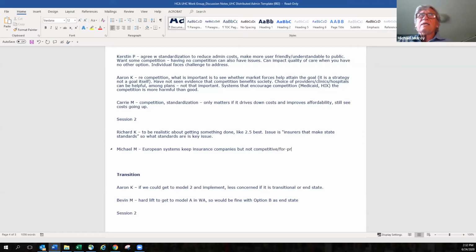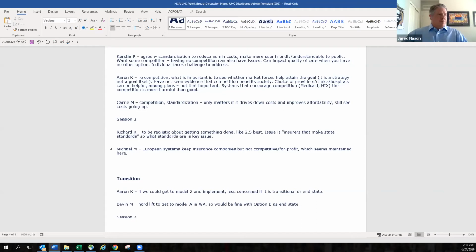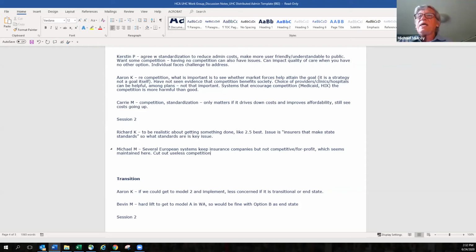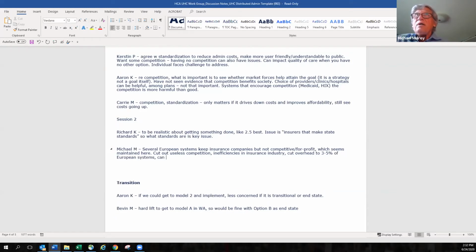Several people have commented, I think Don made the comment, that if we improve the quality and systems, we're going to reduce costs. But also if we cut out useless competition and inefficiencies in the insurance industry by simply making them conduits of the fees that are set by the state, and cut their overhead down to the 3 to 5% that's common with the European systems, we can keep the insurance companies in this, but not have them contribute to the cost as they currently do.